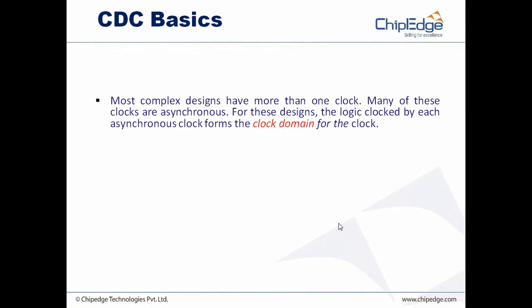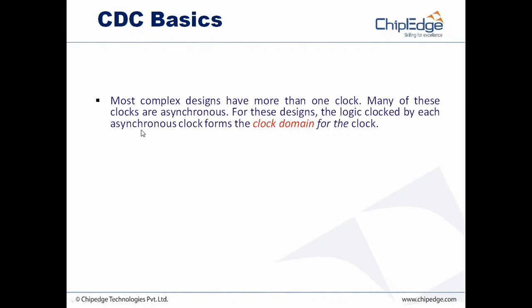Whatever logic is clocked by one particular clock, which is asynchronous to the other design, we call it a clock domain. When you say clock domain, it is a particular logic clocked by one particular clock, which can be synchronous or asynchronous.